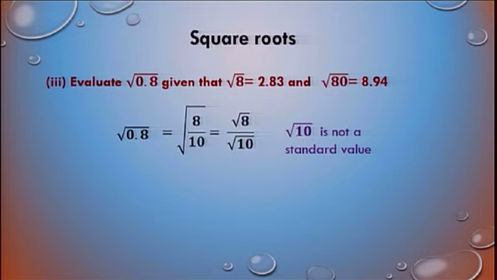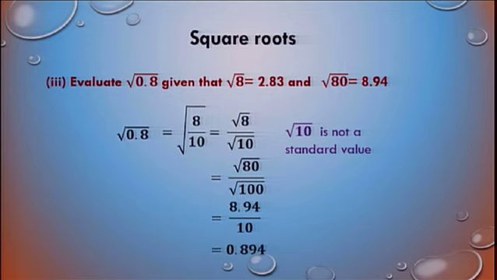Hence, we're going to write 0.8 as square root of 80 over 100. This is called equivalent fractions, which you have learned in grade 7. Now square root of 100 is 10. Square root of 80 is given. So you are going to have 8.94 over 10 equal to 0.894.